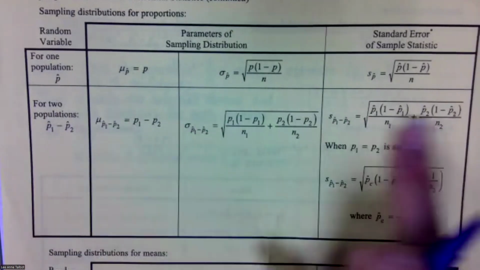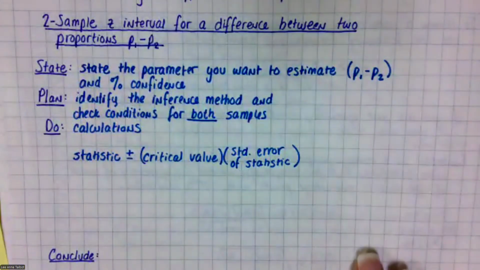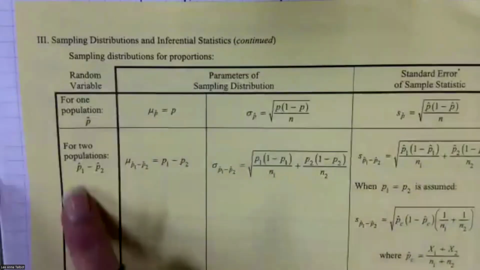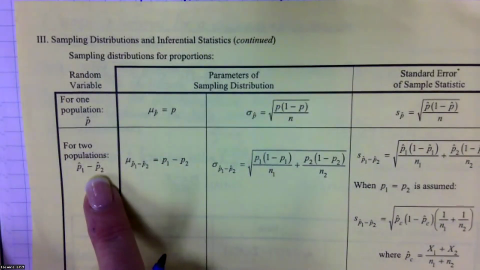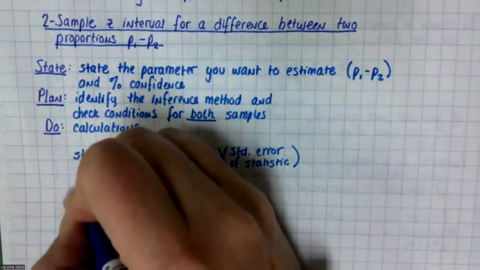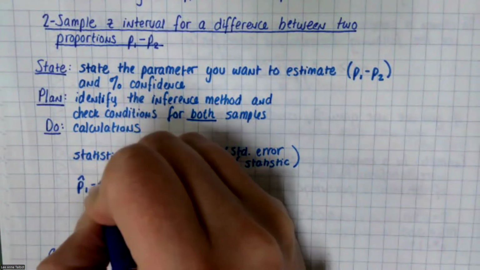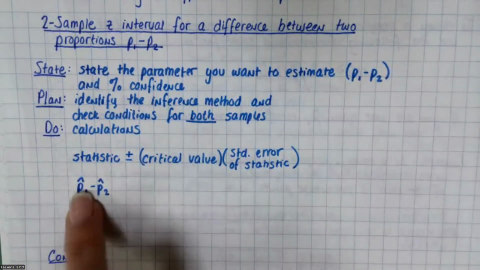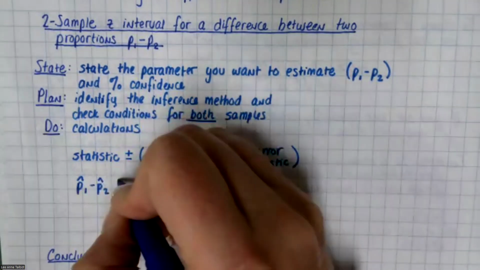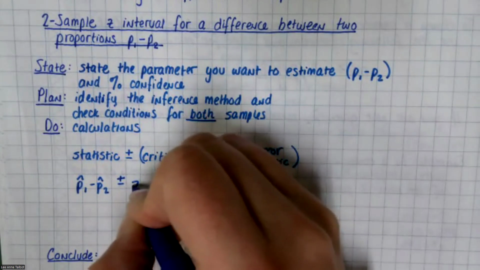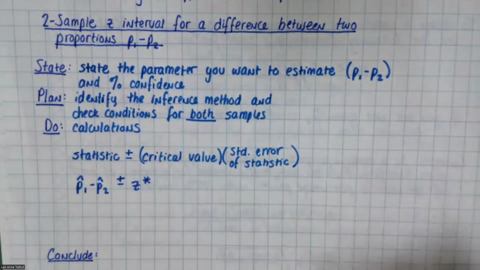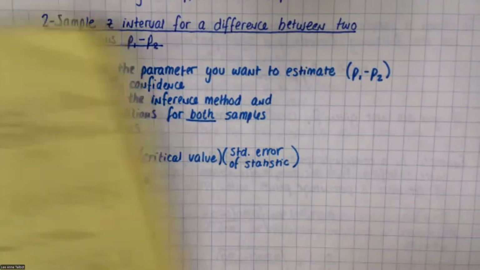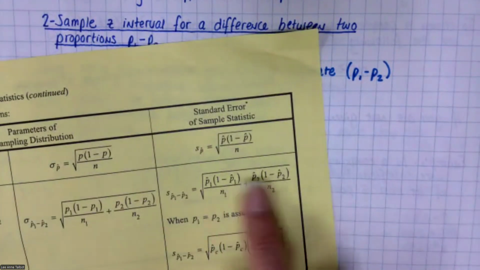You see it? Okay, so your statistic is right here, P hat 1 minus P hat 2. It's the same thing as what you're trying to estimate, it's just your samples. Plus or minus, critical value is still Z star. And the standard error is this big guy over here.